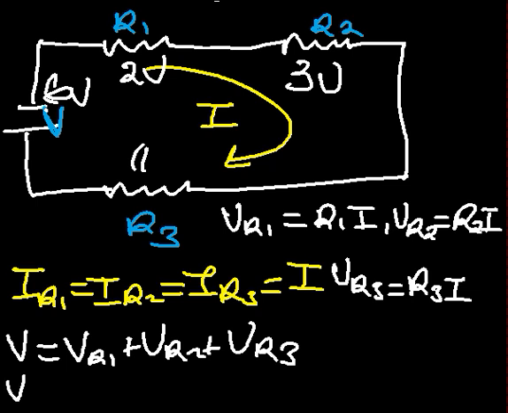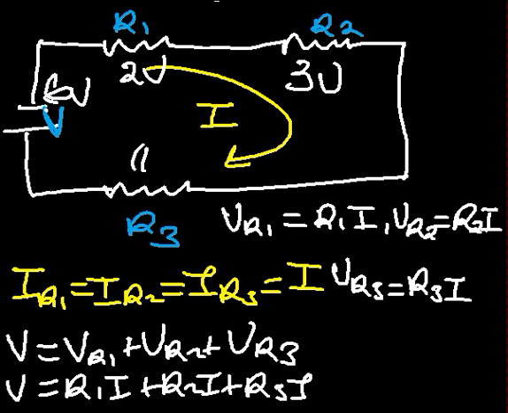And the voltage from the battery, which is the total, is equal to, according to Ohm's law, R1 times the current, and R2 times the current, and R3 times the current. That's the principle behind it.